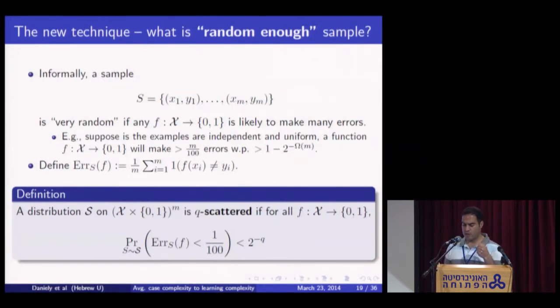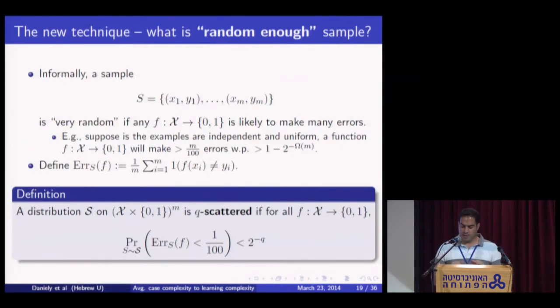For every function f from X to {0,1} that you fix, if you draw at random a sample from the distribution S and look at the error of f with respect to that sample, then with probability greater than 1 minus 2 to the minus q, it will be more than 1%. Okay, so again, we have a distribution that generates a whole sample.